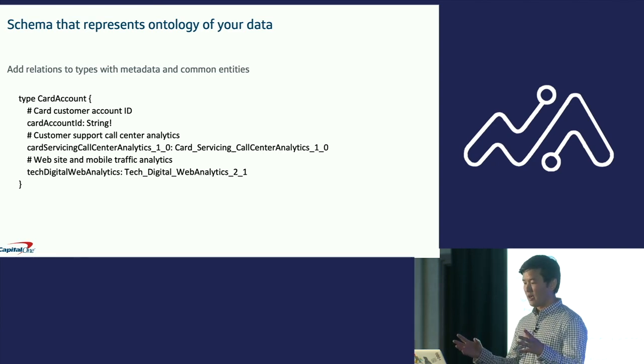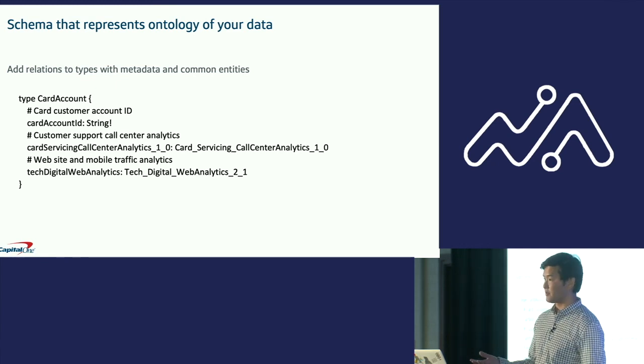We are essentially embedding those into this card account type. So a card account could be queried, and from there you can drill down to either the call center analytics or web analytics. You can then start building this ontology of your domain data, which can be extremely useful.